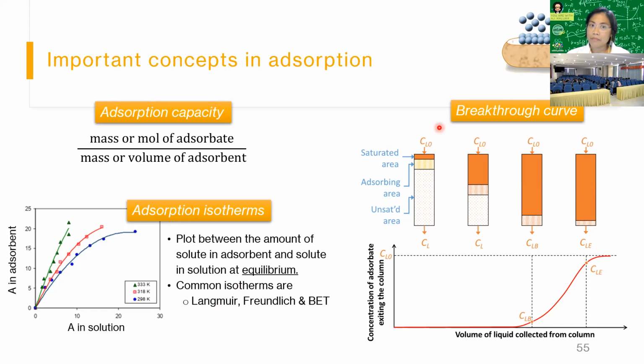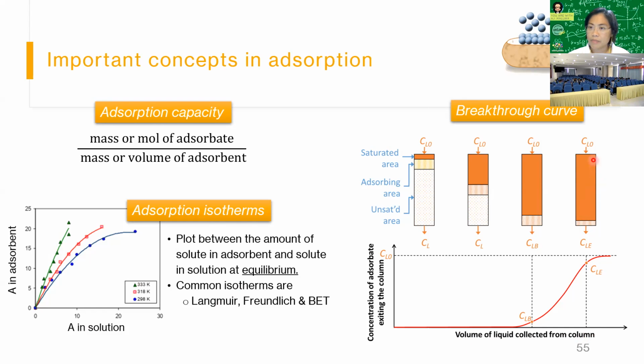Last is a big concept in adsorption that takes time to understand, but I'm going to go through it quickly. If you have some time to review, it will be very useful for you. It's a term called a breakthrough curve. The breakthrough curve is the plot between the volume of liquid collected from the column.